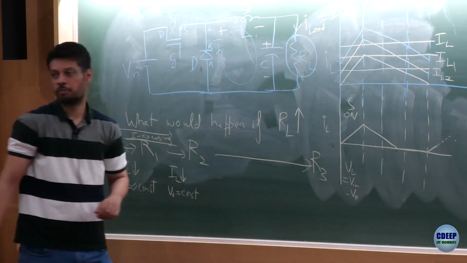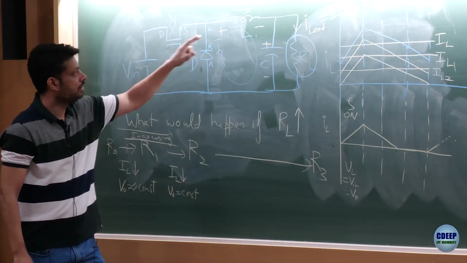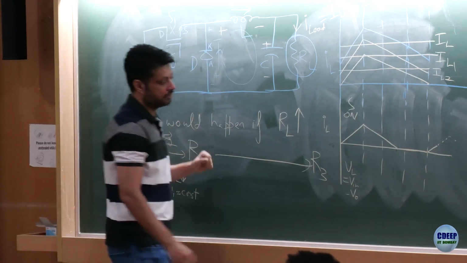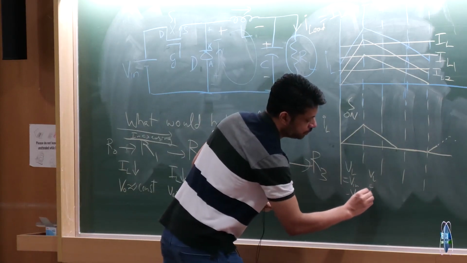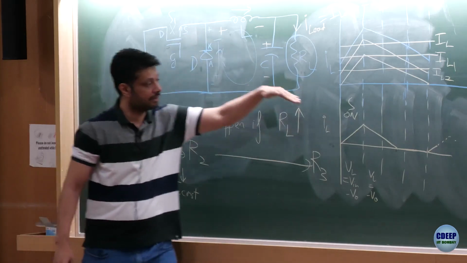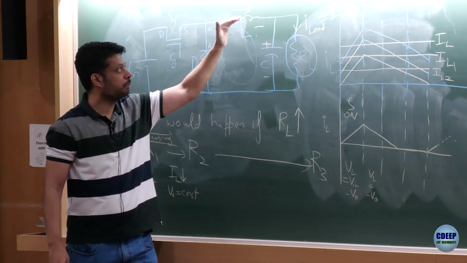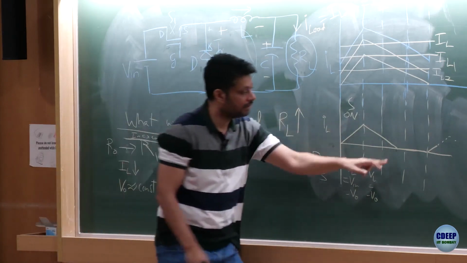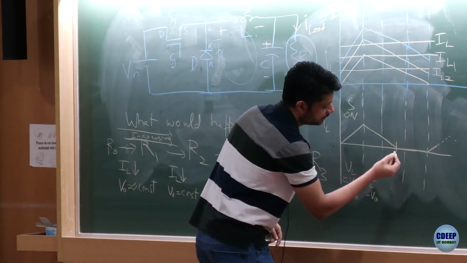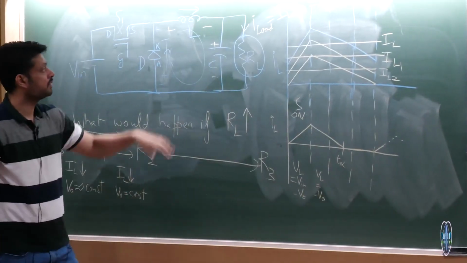So the current slope is positive, current is rising. I turn off this switch, the current slope becomes negative, VL becomes equal to minus V0, current starts falling, still in the same direction but now falling. At one point current becomes equal to 0, let me call it T alpha.